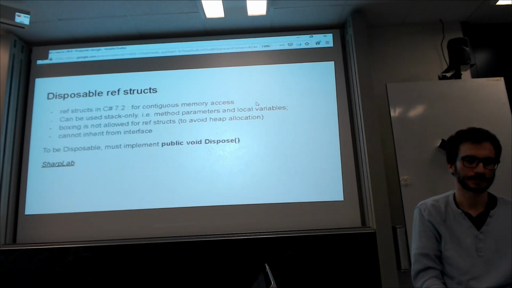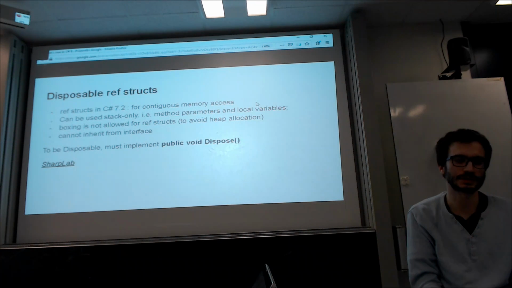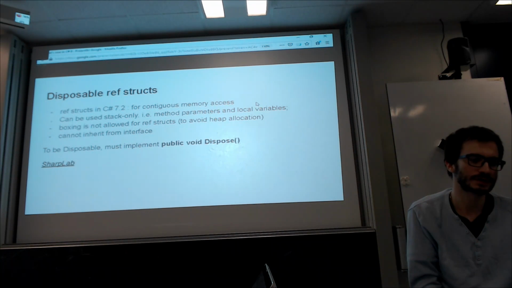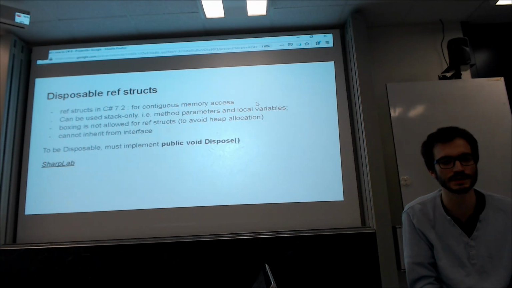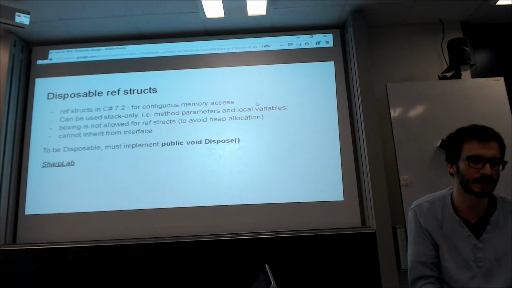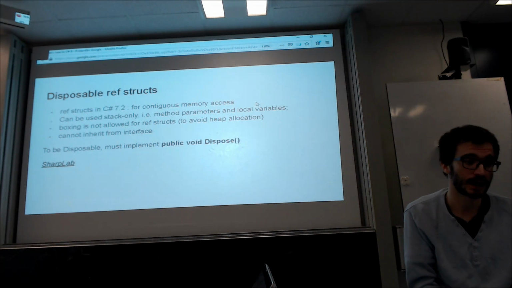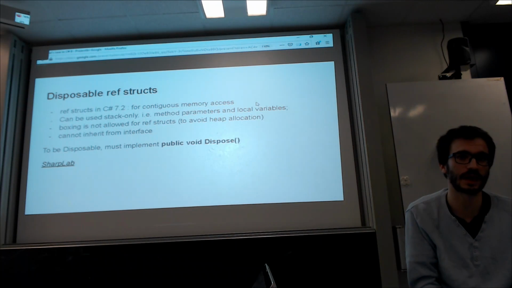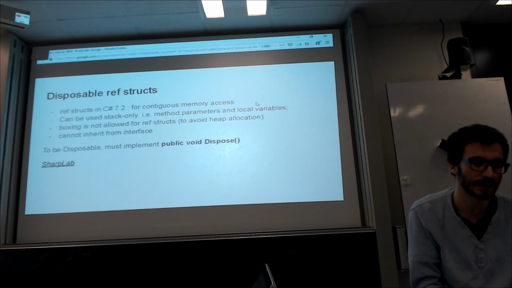Another C# 8 change is disposable ref structs. In short, ref structs were added in C# 7.2 for contiguous memory access, so they're always allocated on the stack, and boxing is not allowed to avoid allocating them on the heap, and they cannot inherit from an interface.